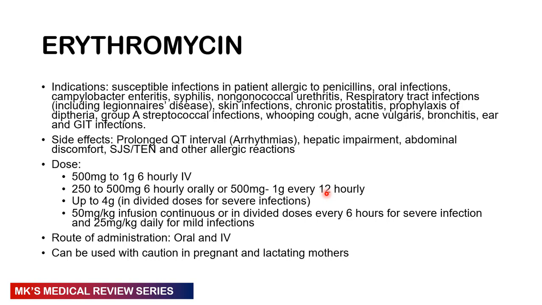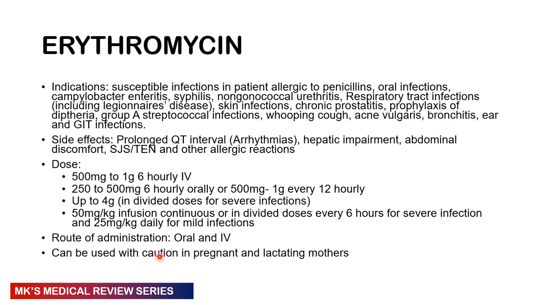Or you can give up to 4 grams in divided doses for severe infections, 50 milligrams per kg infusion continuous or in divided doses every 6 hours for severe infections, and 25 milligrams per kg daily for mild infections. And of course, route of administration is orally and IV. Though I haven't seen the IV commonly, the oral formulation is commonly seen in the hospital. This can actually be given with caution in pregnant and lactating mothers.